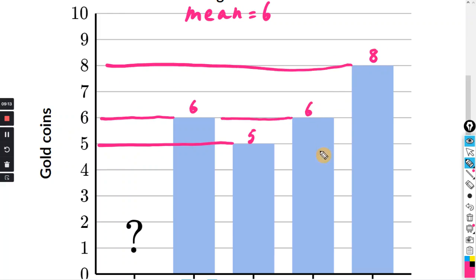So, again, the mean is going to equal the sum divided by the number of values. So the sum here is going to be question mark plus 6 plus 5 plus 6 plus 8. So I'm going to write that out.